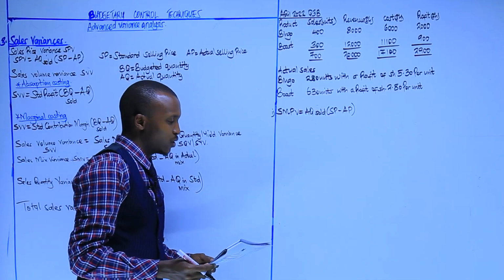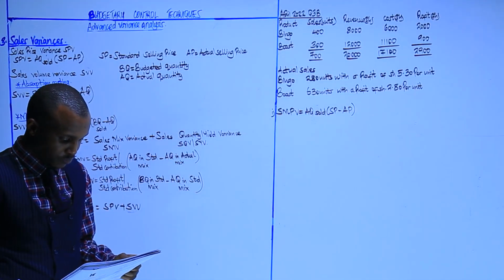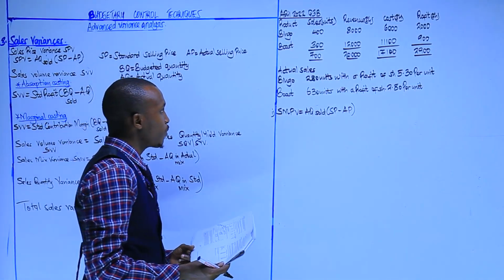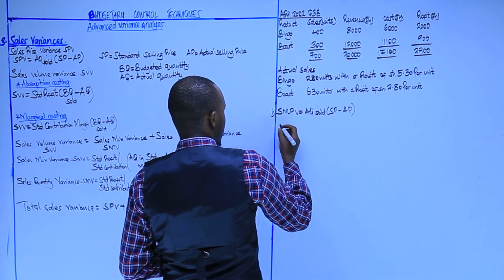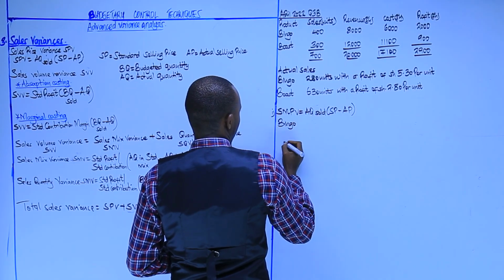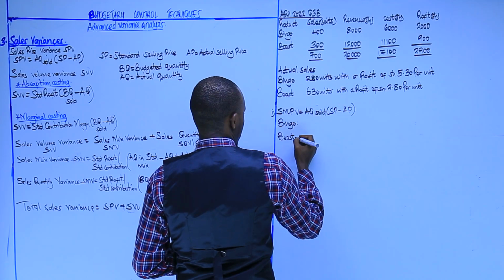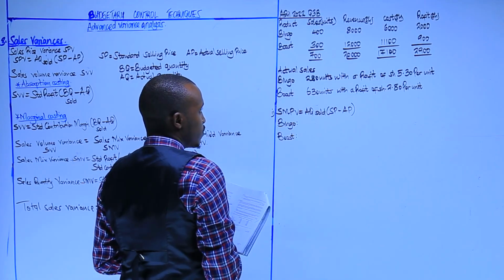In this question, we had two products: Bingo and Boost.